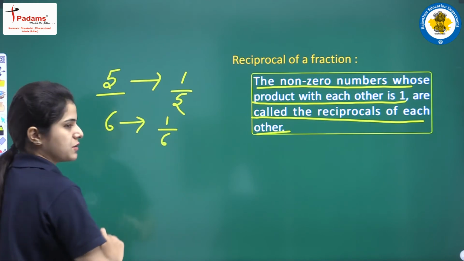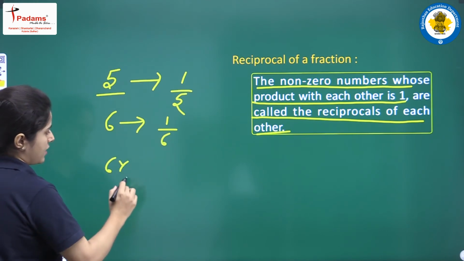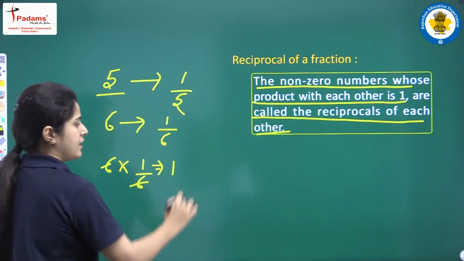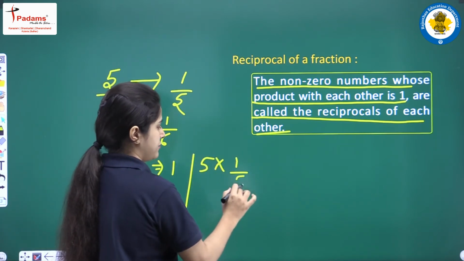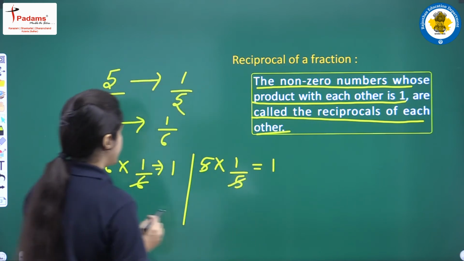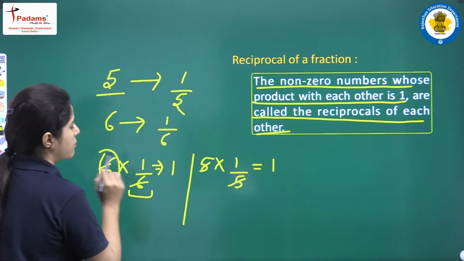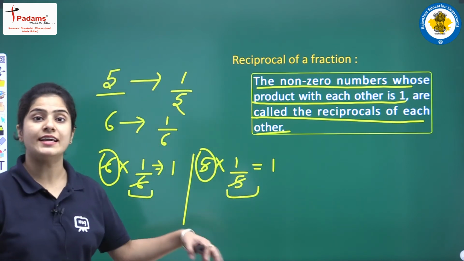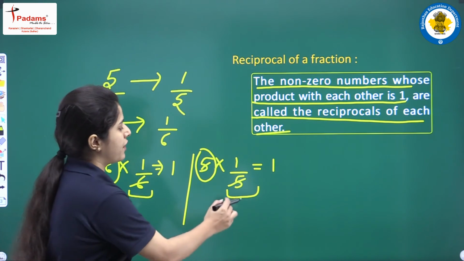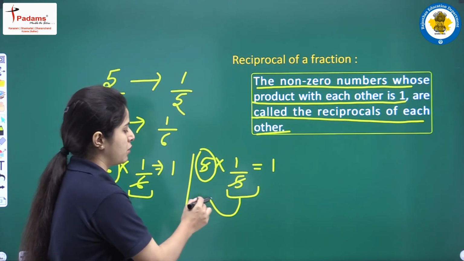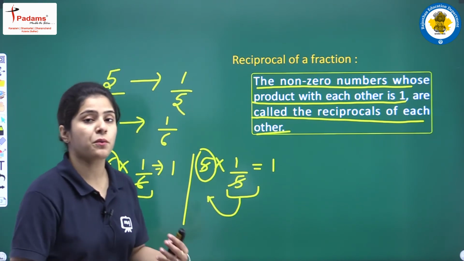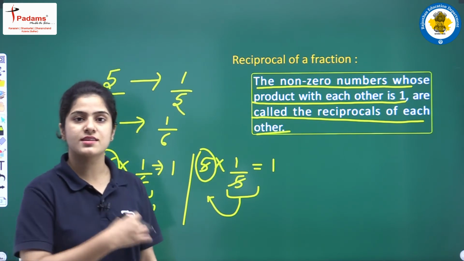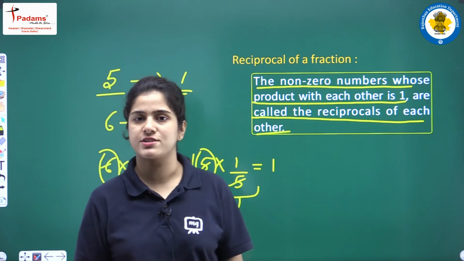That is 1 upon 6, okay. 6 multiplied by 1 upon 6 is equal to 1, right. 5 multiplied by 1 upon 5 is equal to 1. So, clearly 6's reciprocal is 1 upon 6 and 5's reciprocal is 1 upon 5, alright students. Similarly, the reciprocal of 1 upon 5 is 5, and the reciprocal of 1 upon 6 is 6, alright students. So, this is the concept of the reciprocal of a fraction, okay.